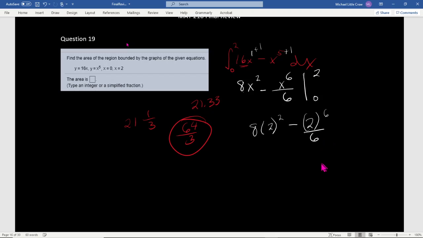So 2 squared is 4. 4 times 8 is 32. And then we get a minus. Now here, 2 to the 6th is going to be 64.